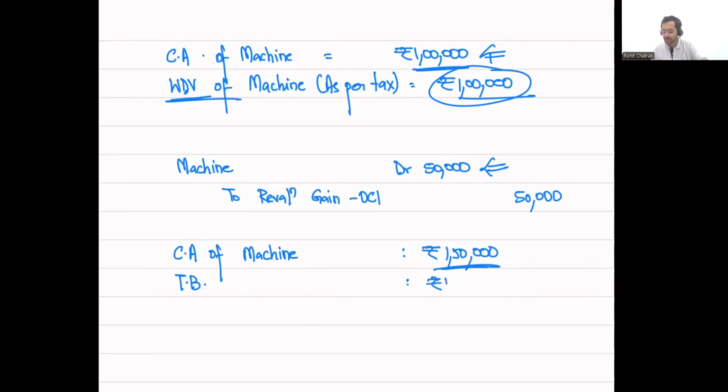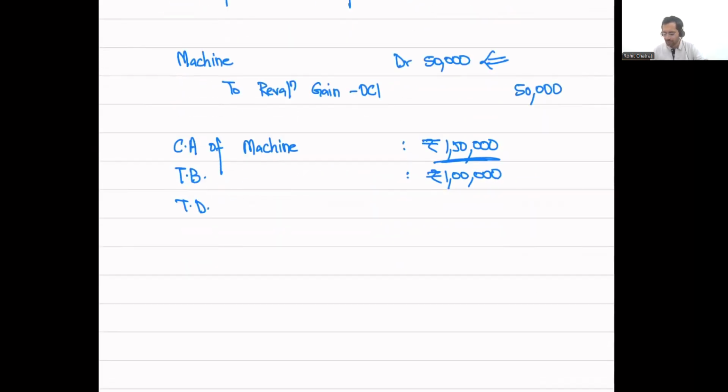So the tax base will be 1 lakh, and therefore my temporary difference will be rupees 50,000, which is a taxable temporary difference. On this, I'm going to have a deferred tax liability.